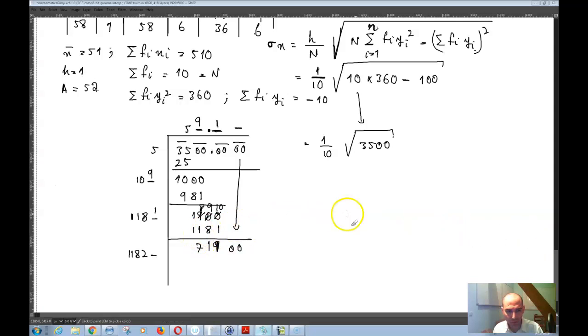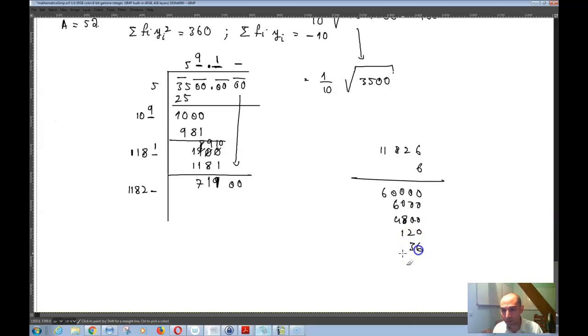So 6 times 1182: 6 times 6 is equal to 36, and so on. So you have a 6 here, you have a 5 here, you have a 9 here.